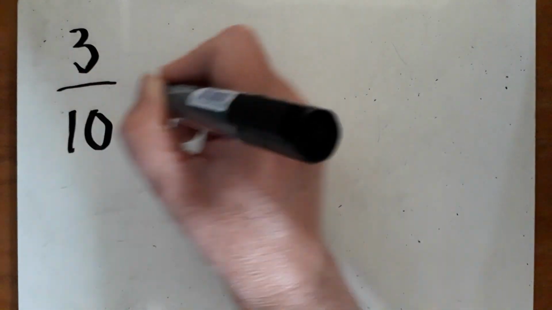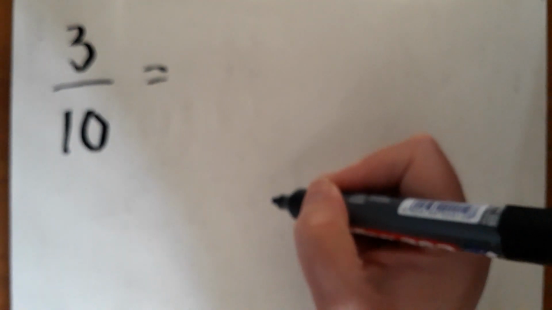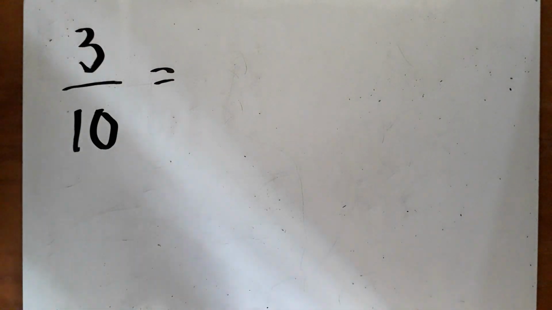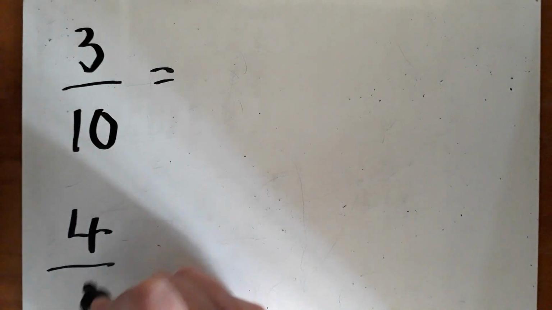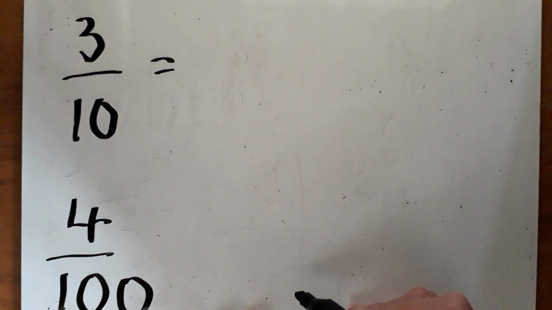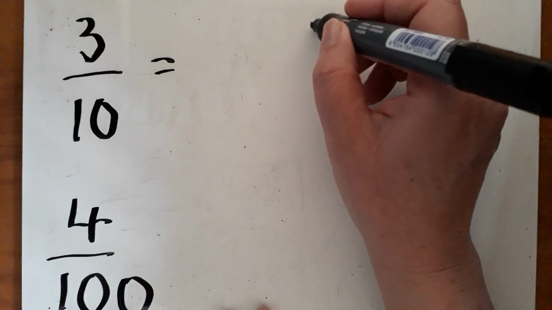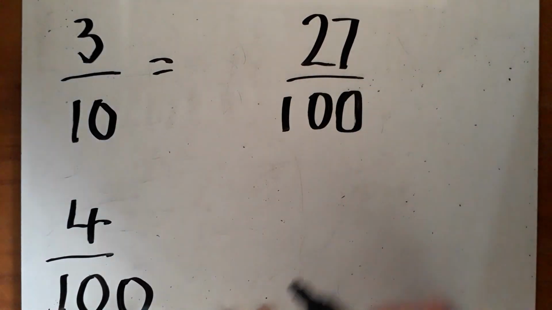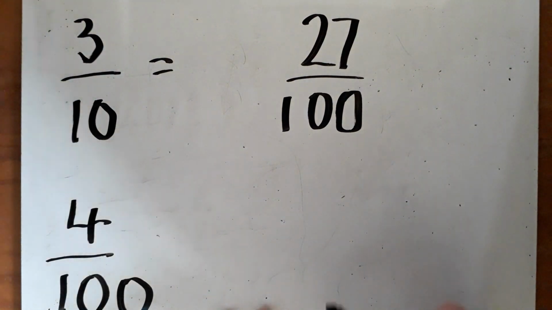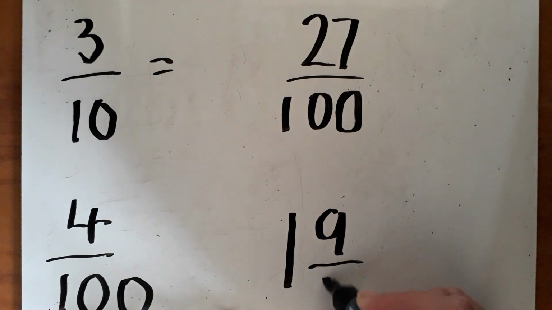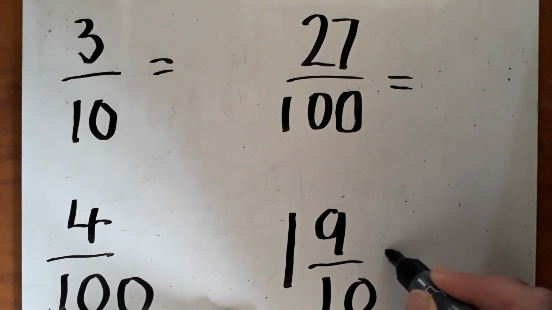So let's go for 3/10 is the same as, 4/100 is the same as, and 27/100 is the same as, and a little sneaky one, 1 and 9/10 is the same as.